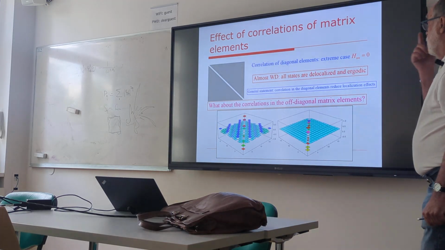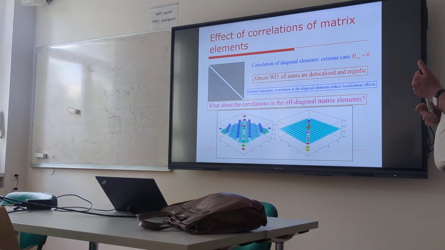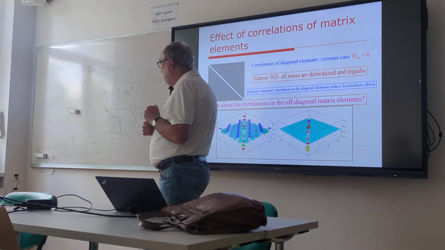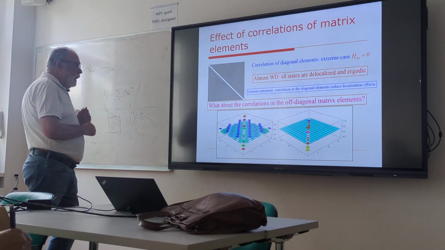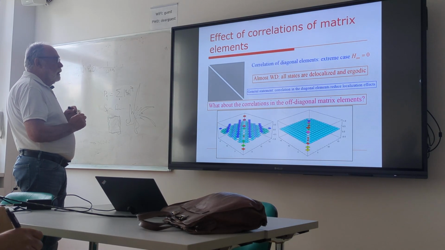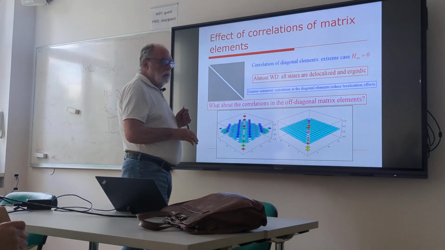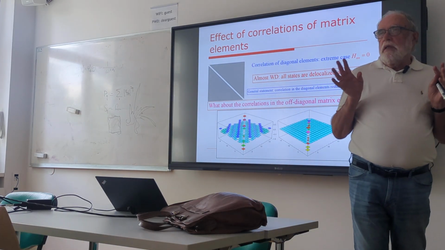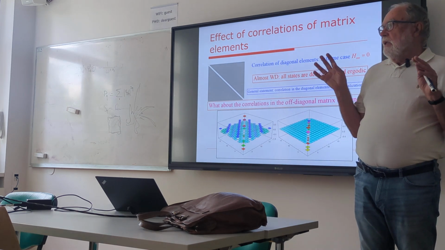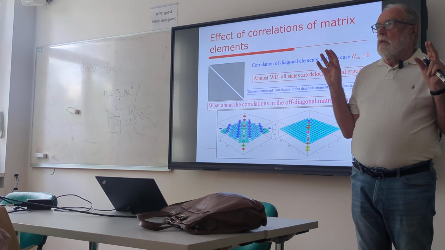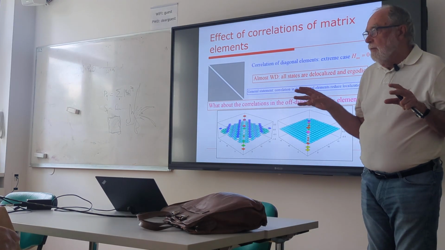And now we come to a completely different and last topic of this course of lectures. So far, all the random matrices that we considered were formulated so that the matrix elements were independently fluctuating random variables.